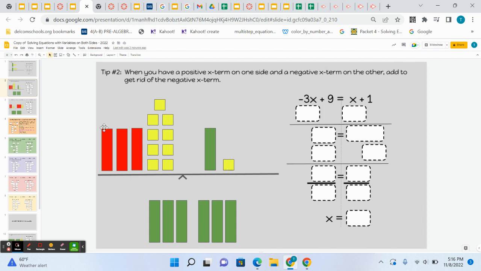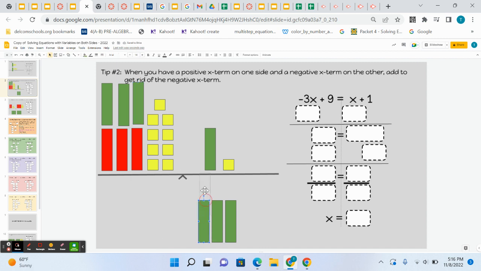Okay, so one way we could solve this is to get rid of the 3 red rectangles. If I want to get rid of 3 red rectangles, because I want only green rectangles on one side, if I want to get rid of negative 3x, I can add positive 3x's to that side, as long as I add 3 positive x's to the other side.